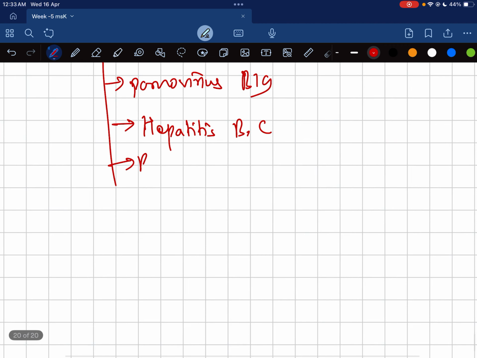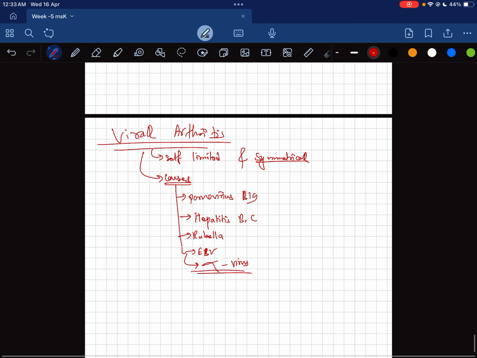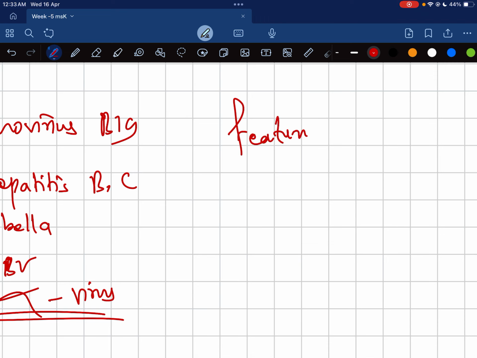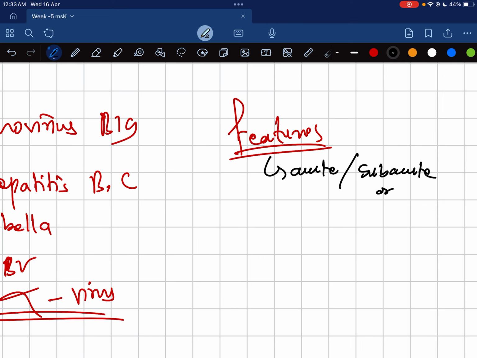Also there are rubella, Epstein-Barr virus, and alphavirus. These viruses lead to viral arthritis, and there are some features of this arthritis: acute and subacute onset, and it mimics rheumatoid arthritis.